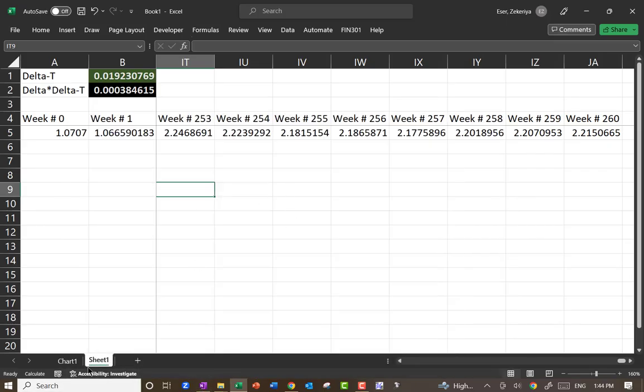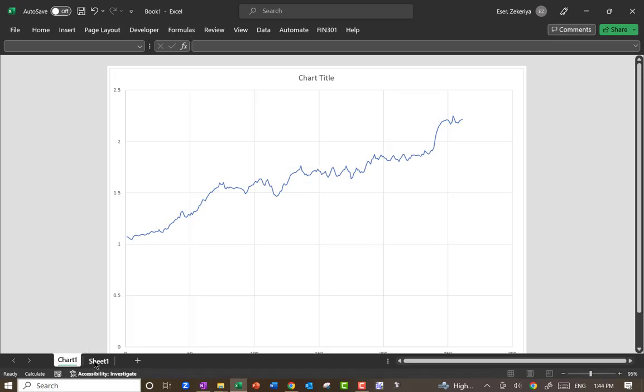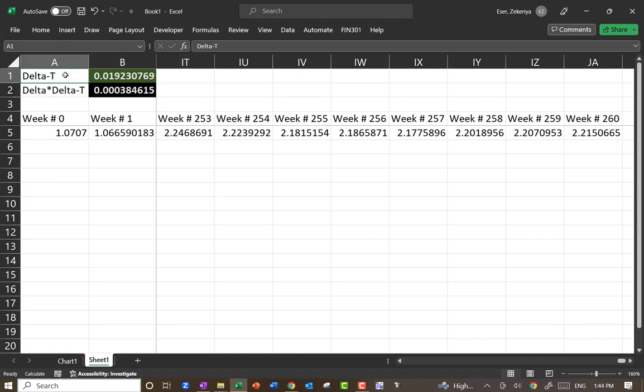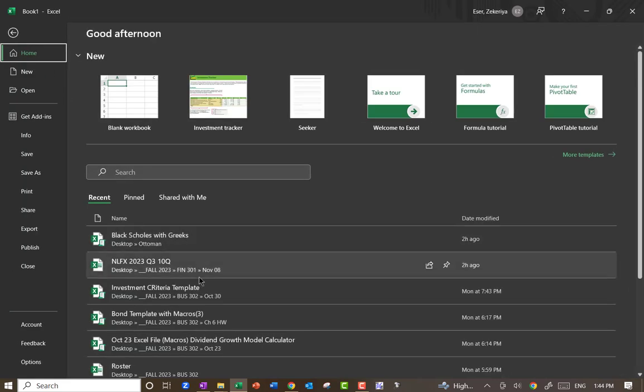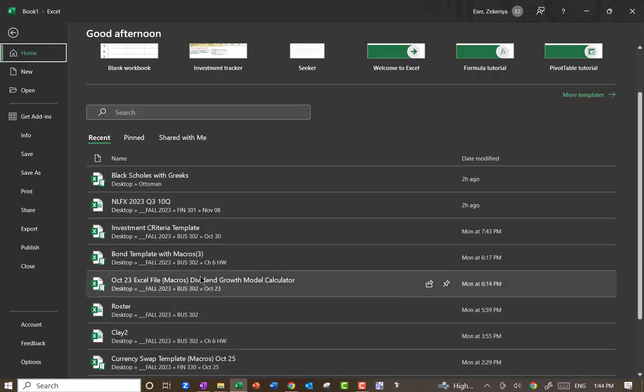So let's do a strike. Let's add a strike price. Let me see. Let me add a strike here, and let me open my swap file from last time.